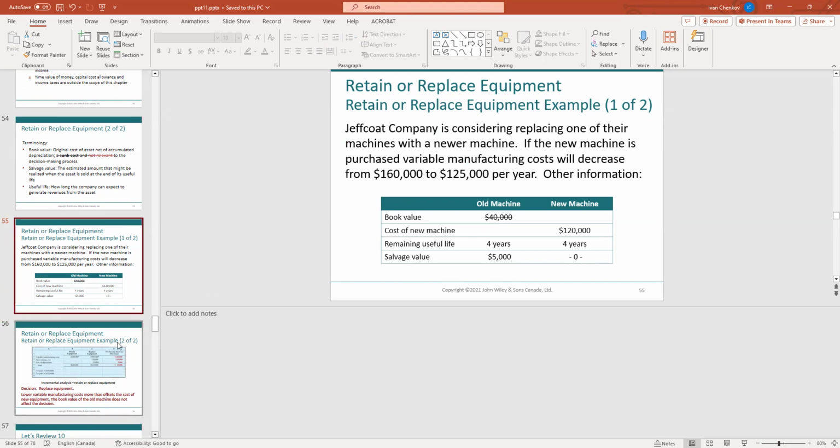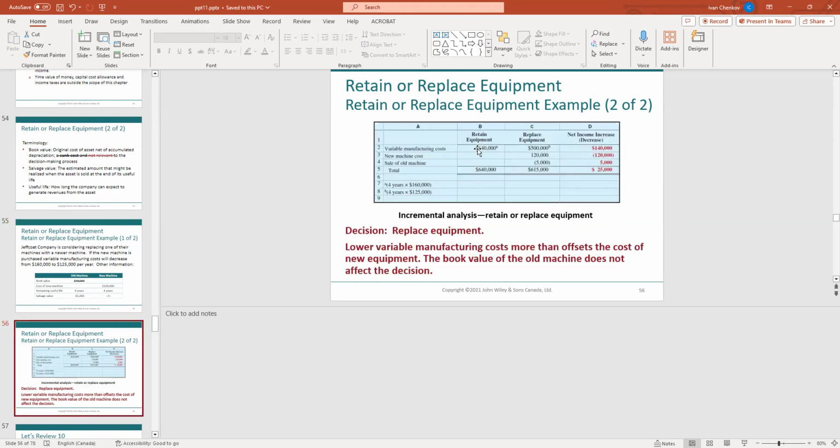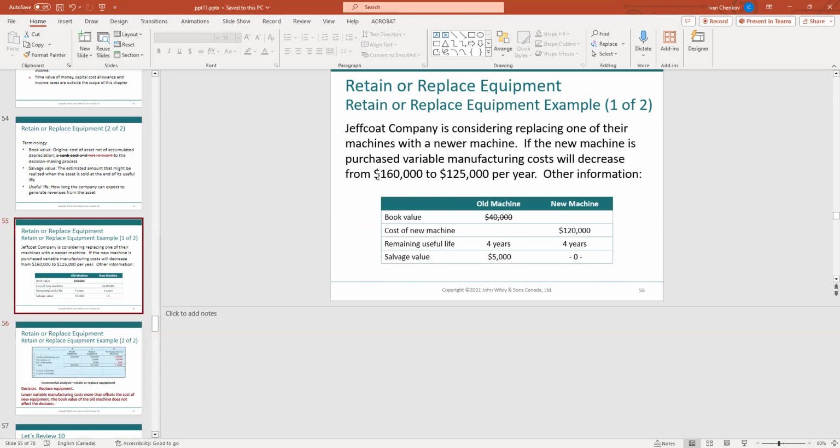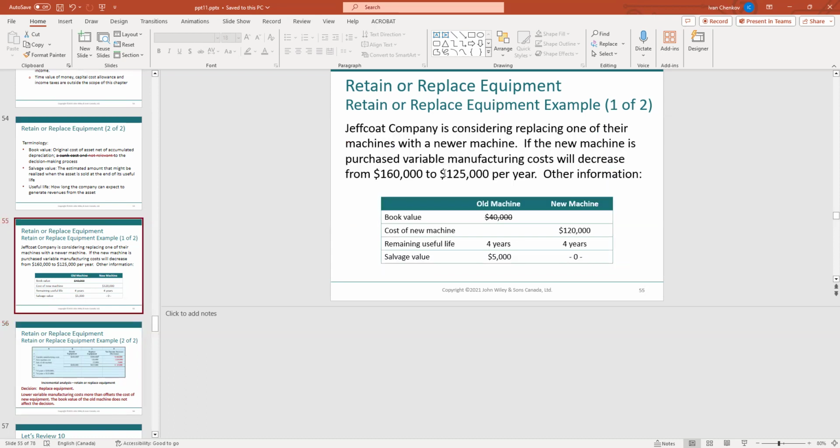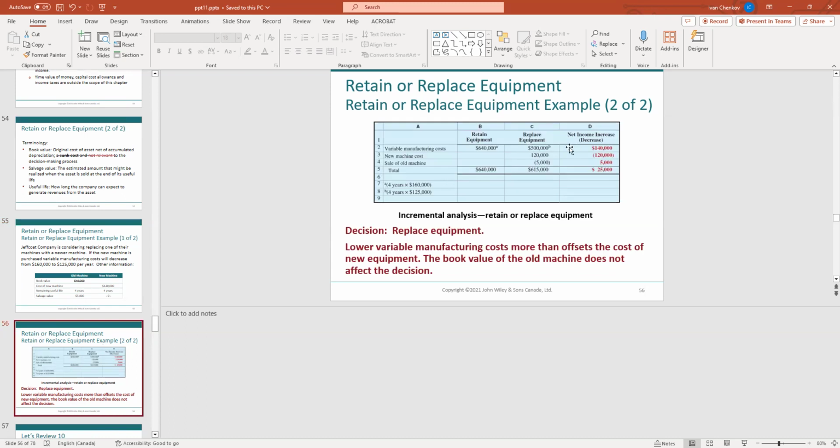Yeah. So how did they come up with 640? 160 times 4. Total cost for the period will be $640,000. 125 times 4 years, if we get a new machine, the new cost will be $500,000. Plus, we have to pay for the new machine, which is going to be a total of $620,000.